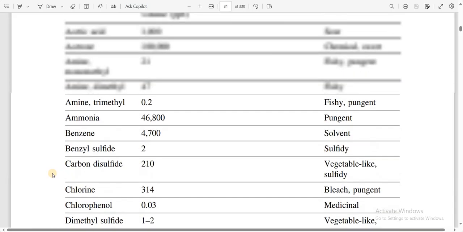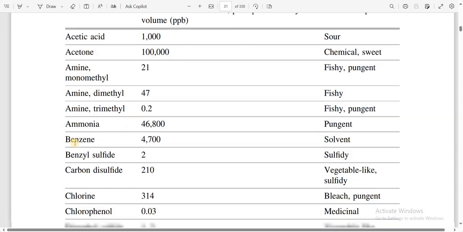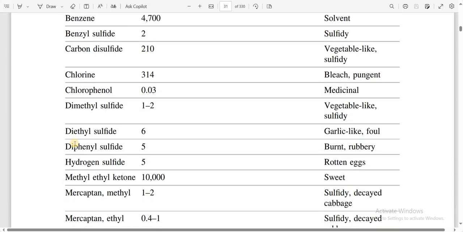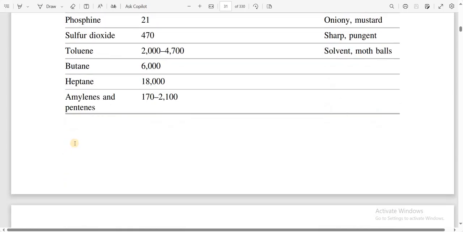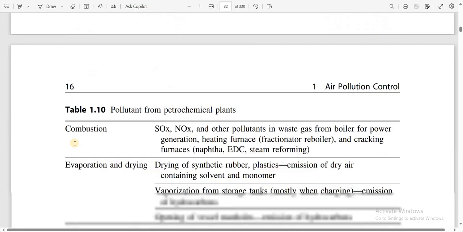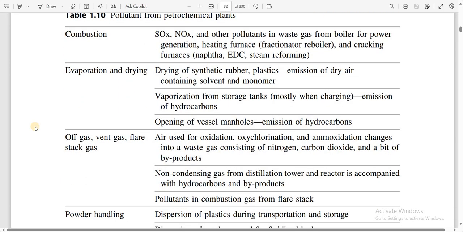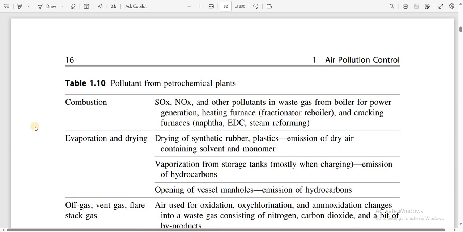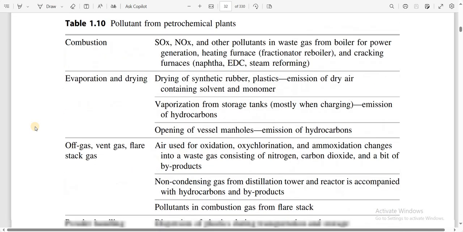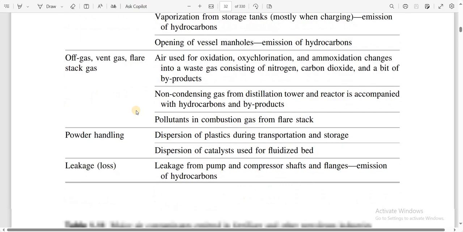So it shows what the odor threshold level is and what type of smell it produces. It might be useful if we are studying some petrochemical, or what kind of waste it is, the pollutants from petrochemicals. So combustion, but what kind of pollutants are being ejected.